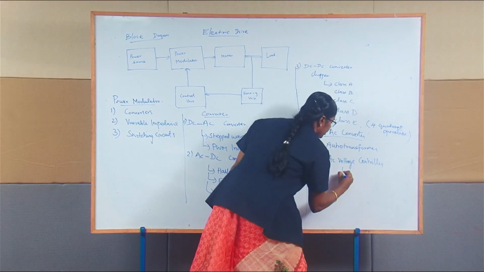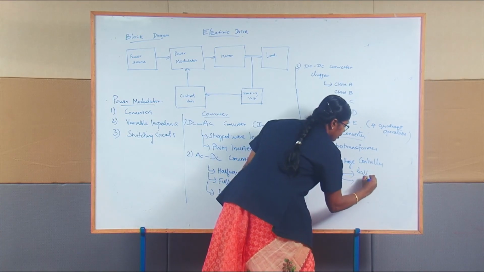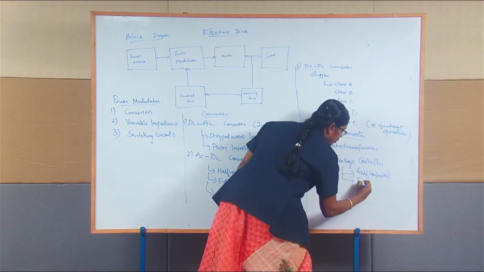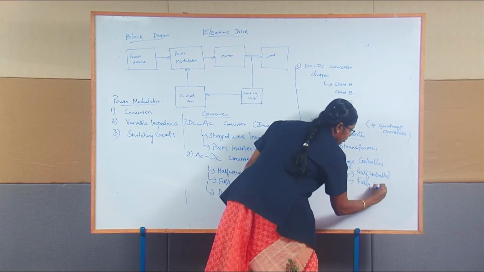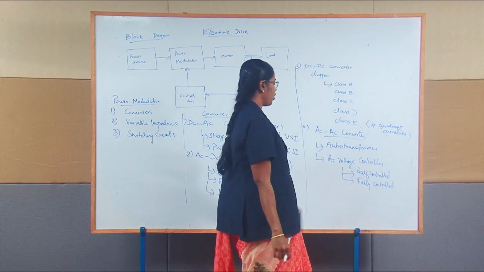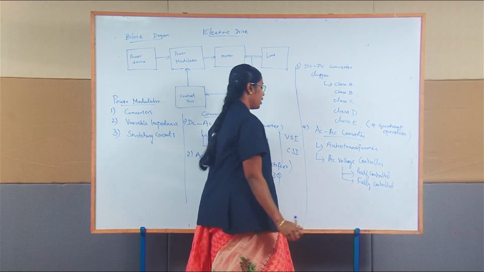Again, this AC voltage controller is of two types, half controlled and fully controlled. Using half control, you can provide only motoring operation. You need to go for fully controlled for both motoring and braking operation.